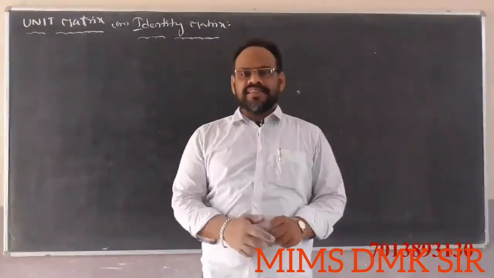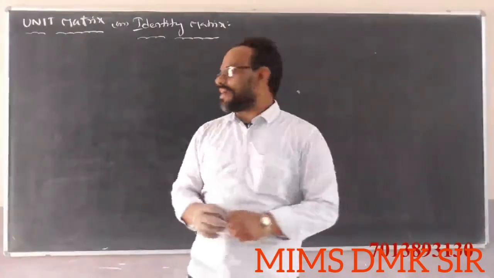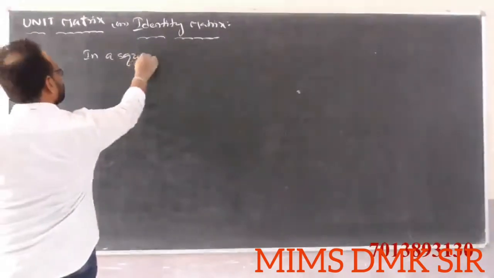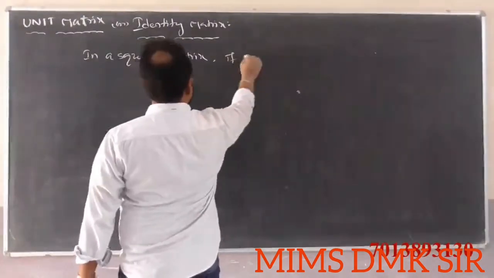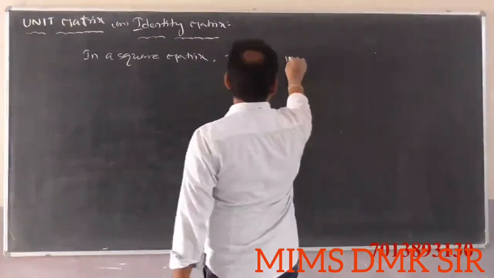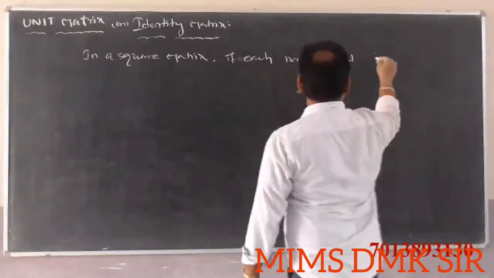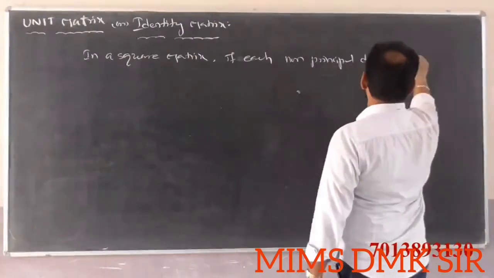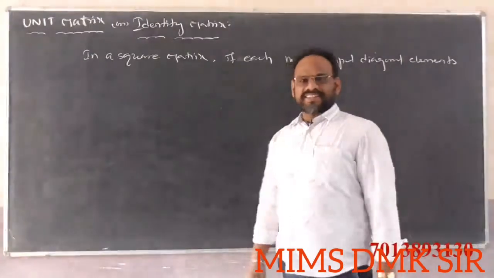Unit matrix or identity matrix means, as we already know, a square matrix.